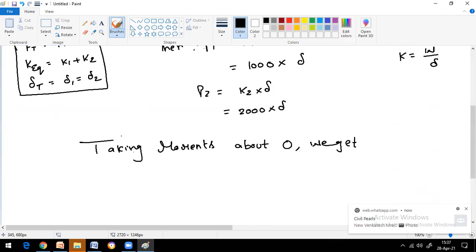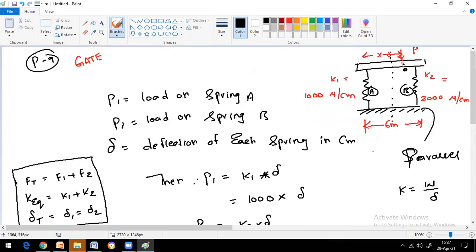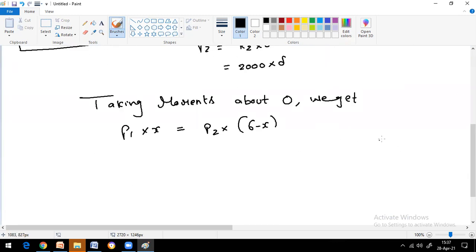So when you take moments about O, see what happens. P1 into X will be equal to P2 into 6 minus X. This is P1, so P1 into X is one moment. The other one is P2 into the other distance, 6 minus X. So by taking those moments, very easy.